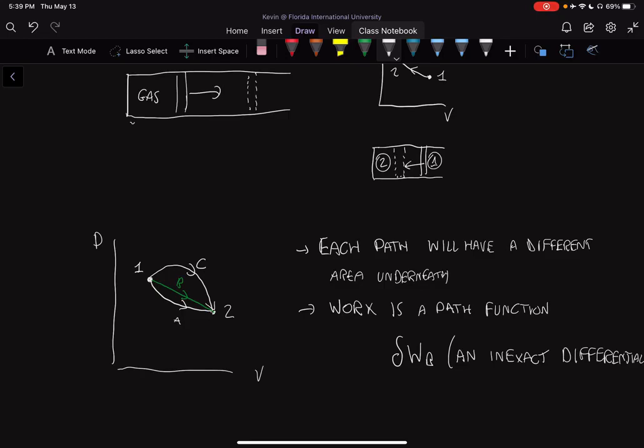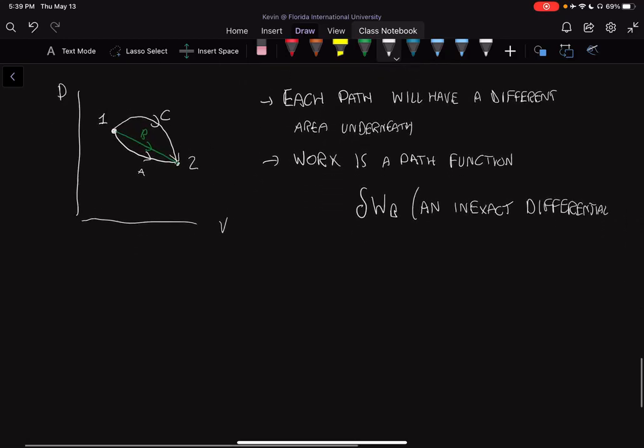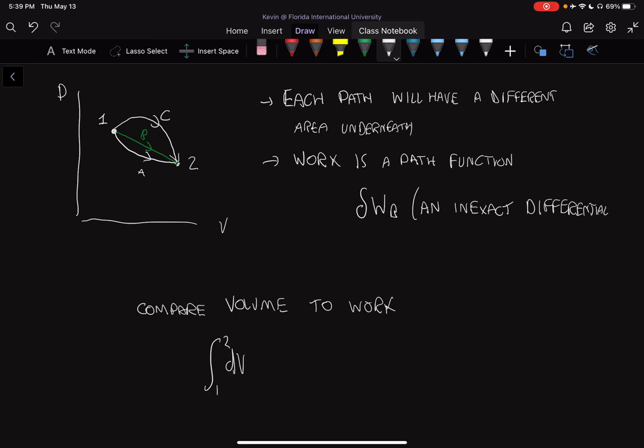So what about the volume? Let's look at how volume works. So let's compare volume to work. If we look at the change in volume from 1 to 2, it's equal to volume 2 minus volume 1. Do we agree? The volume change between A, B, and C is always going to be the same.